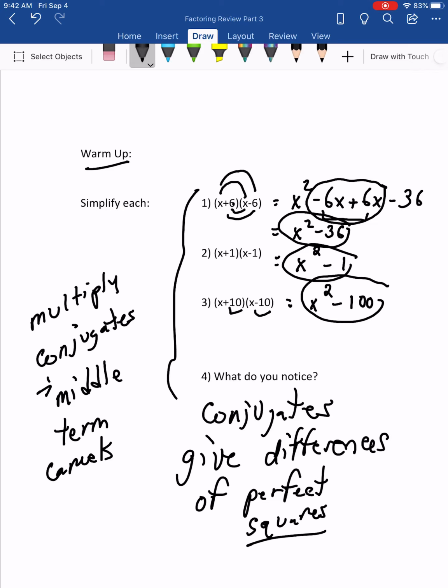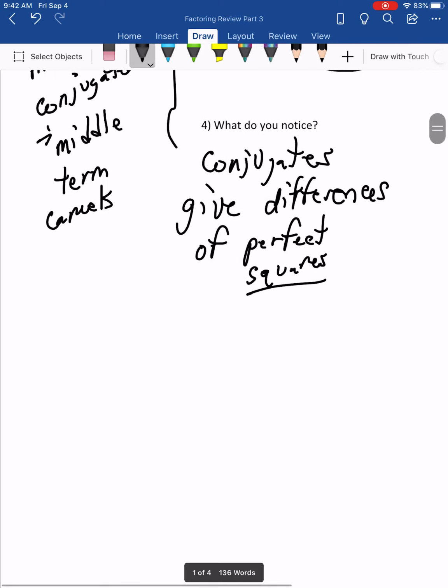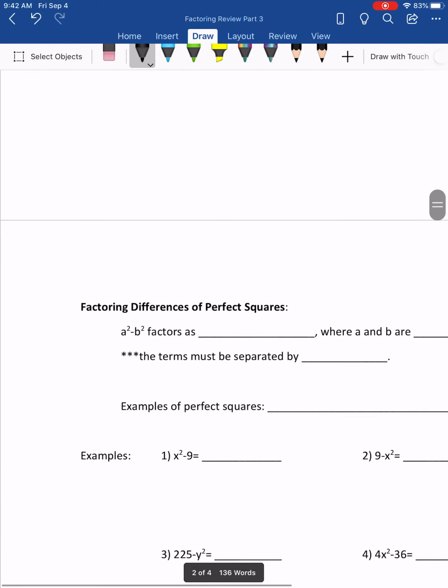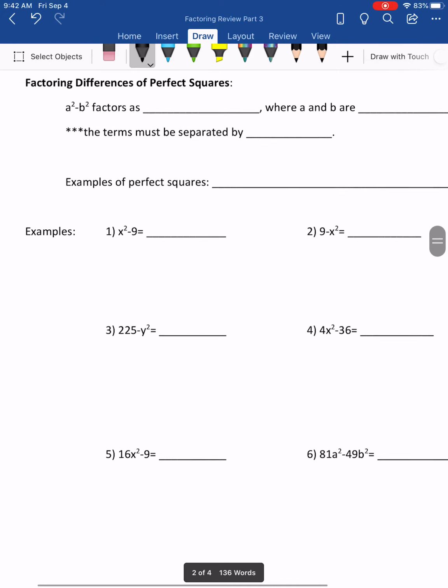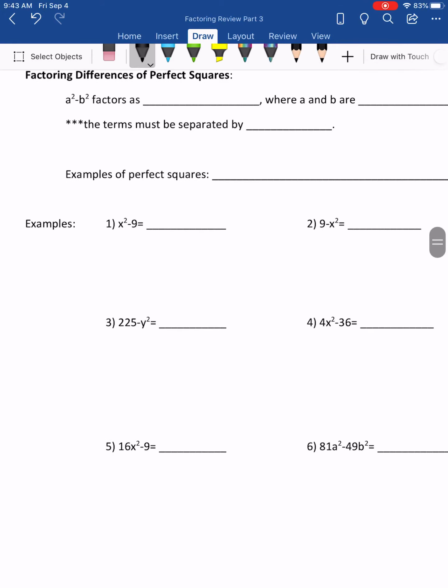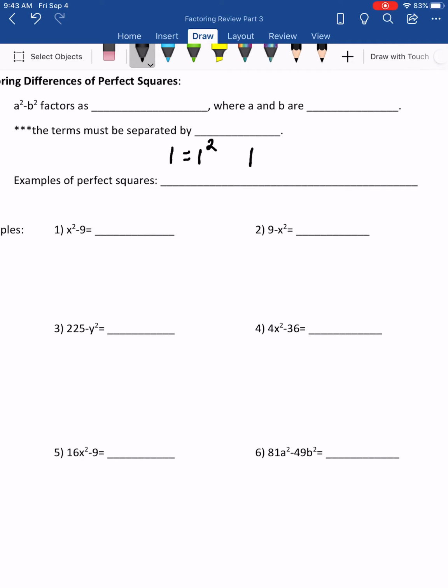And I want to go right into the notes and define what perfect squares are. Okay. So perfect squares are like, well, 1 is a perfect square because 1 is equal to 1 squared, right? 4 is a perfect square because 4 is equal to 2 squared.